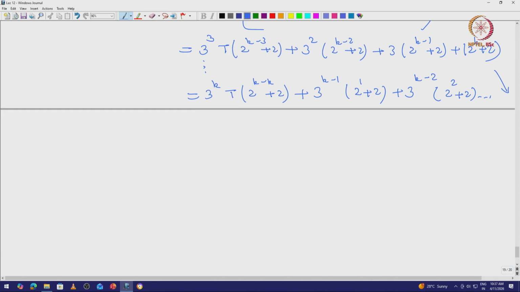So, I can write, and this is t of 3, equal to 3^k times t of 3 plus, here I have 3^(k-1) times 2 plus 3^(k-2) times 2^2 plus 3^(k-3) times 2^3.